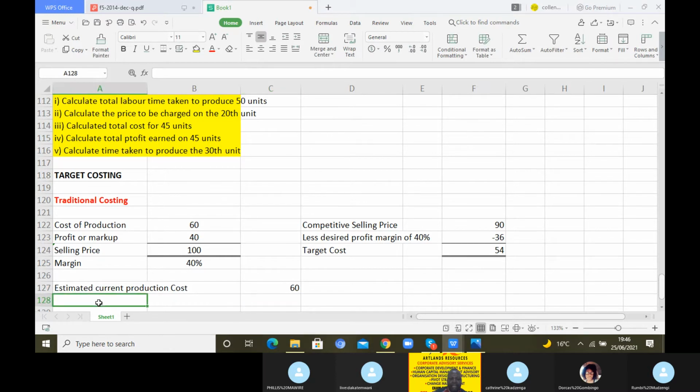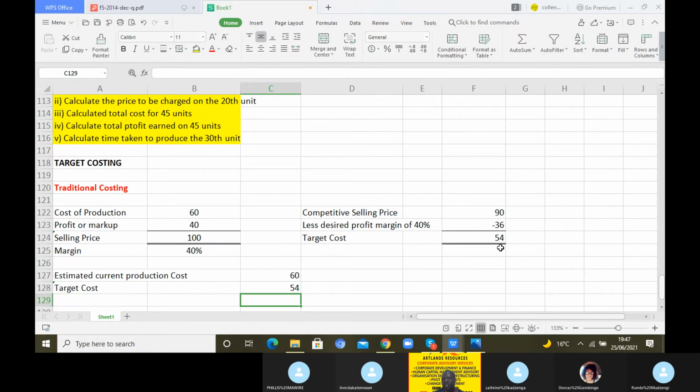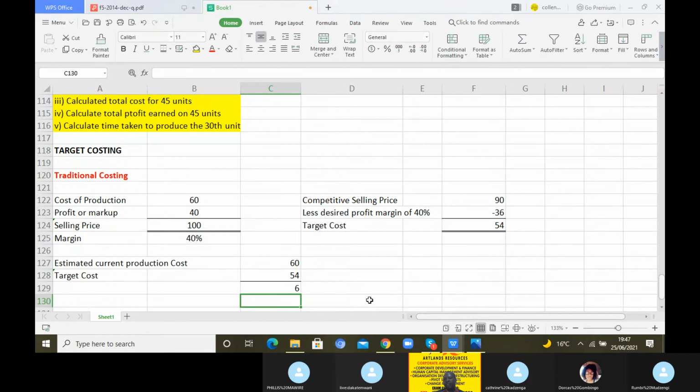But I have got a target cost which is 54. I now have to produce the same cake at 54 because my customer is saying I have $90. So I need to reduce my costs from 60 to 54. And this is called a cost gap, 60 minus 54. So this is a cost gap.